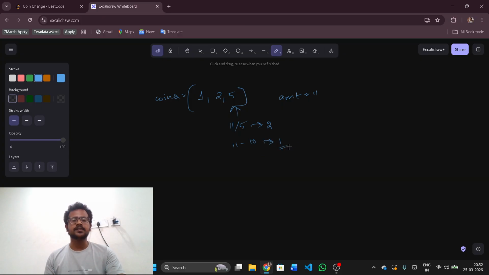So 1 is the amount which is still left that needs to be made. So I'll go to 2, but 2 is way more than what I am looking for. I'm just looking for the amount 1 which is remaining. Now I'll go to 1 and I'm using this 1 for 1 time and I have used 5 for 2 times. So 1 plus 2 will return 3.